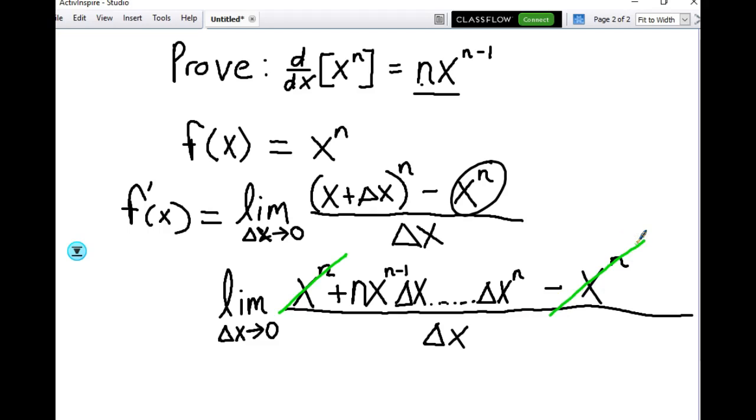Now, what's significant on our next move here is that every term up here will have a delta x in it now. It starts with delta x to the first power, then it goes to delta x to the second, and third, and fourth, and so on, until we get to delta x to the nth power. And so what happens is this delta x is going to cancel one delta x out of every term that would be on the top. So here, it cancels out that delta x completely, and so that delta x is gone.